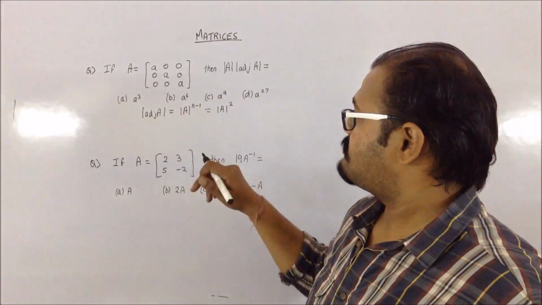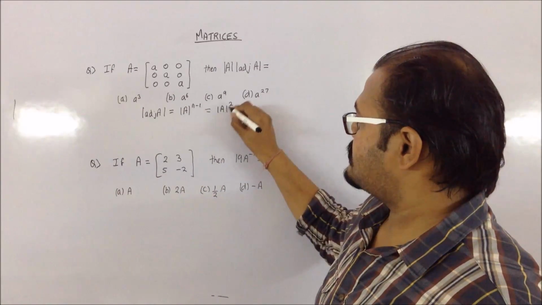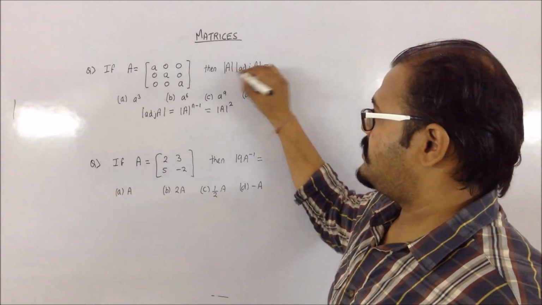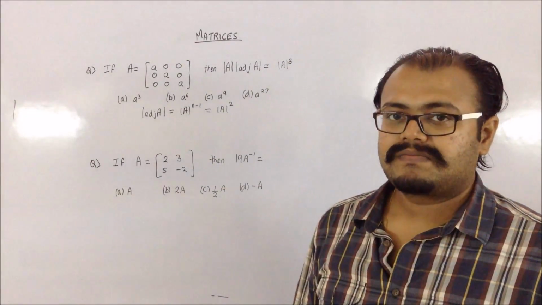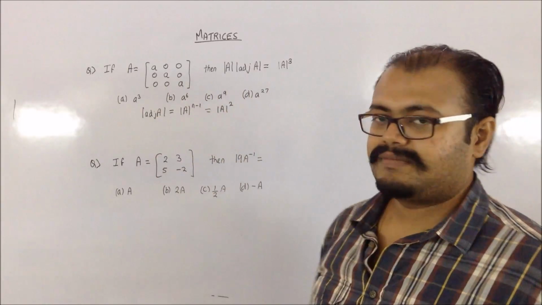So the value of this basically will be determinant of A square into A, so that is determinant of A cube.